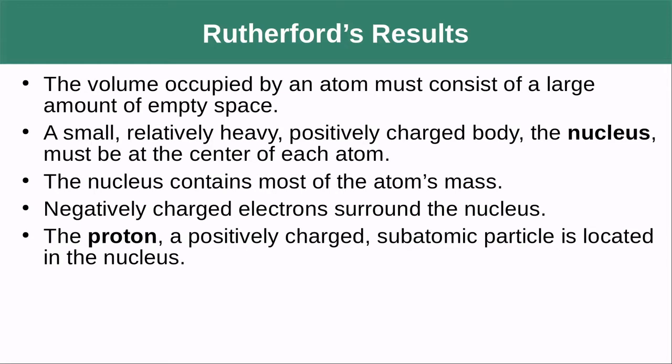He theorized that the nucleus contains most of the atom's mass. Since we already knew that electrons were relatively small masses, this is pretty reasonable. And then he said that the negatively charged electrons surround this big nucleus. He also theorized that there was a particle in there called the proton, which was positively charged. This is going to offset the negative charge on the electrons, as we saw that elements are neutral.